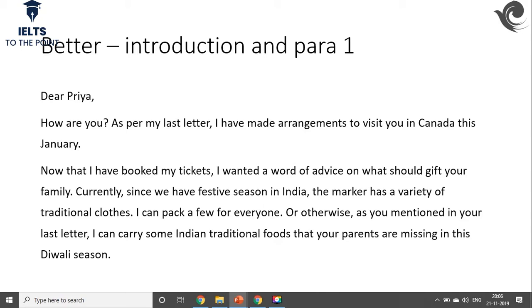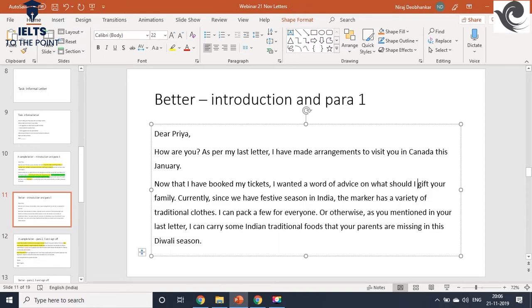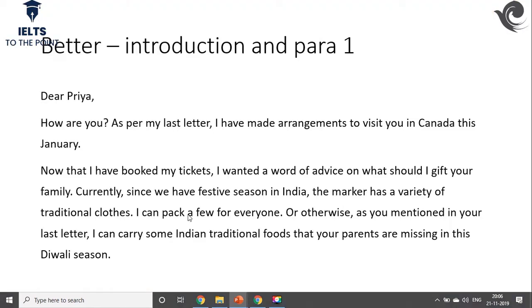Now that I have booked my tickets, I wanted a word of advice on what should I give to your family? So, you are again continuing from the introduction to body paragraph 1 quite naturally. You have said I've made arrangements, and now you're saying now that I've booked my tickets, I wanted a word of advice on what should I give to your family.